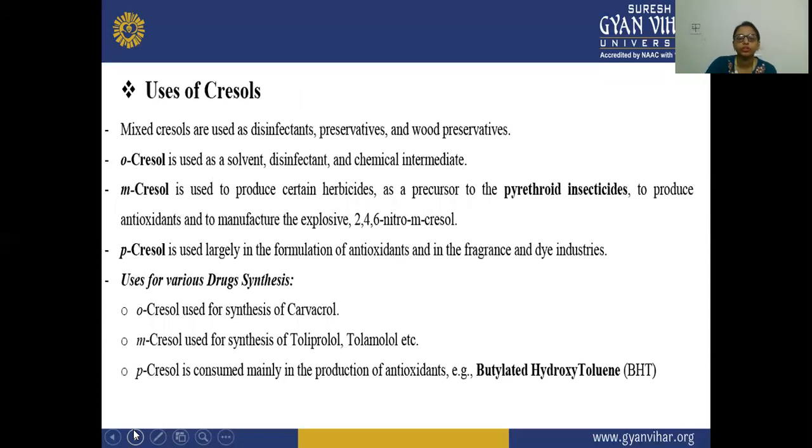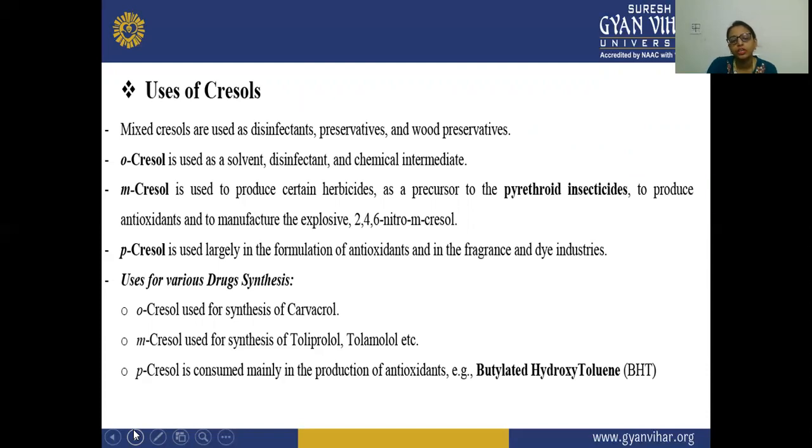Next, the uses of cresol. The mixed cresols are used as disinfectant and preservative, a good preservative. Orthocresol is used as solvent, disinfectant, and chemical intermediate. Metacresol is used to produce certain herbicides, as a precursor for pyrethroid insecticide, so that it can produce antioxidant and can produce the explosive 2,4,6-trinitro-metacresol. And paracresol is also used largely in the formulation of antioxidants and in the fragments of the dye industry.